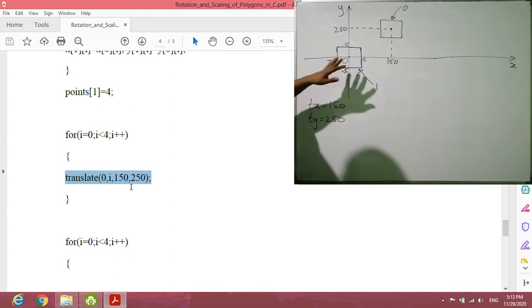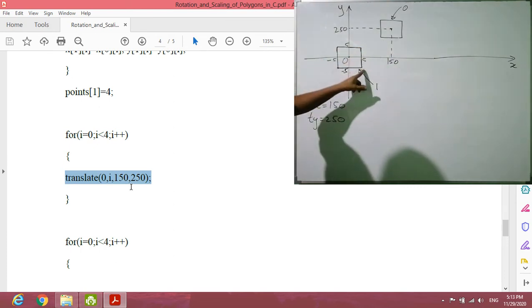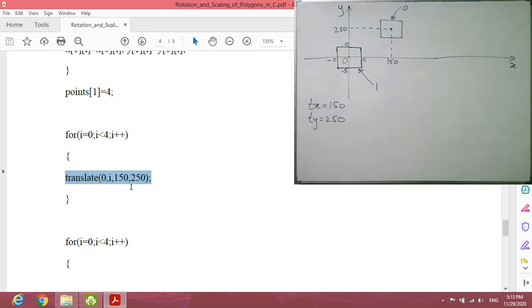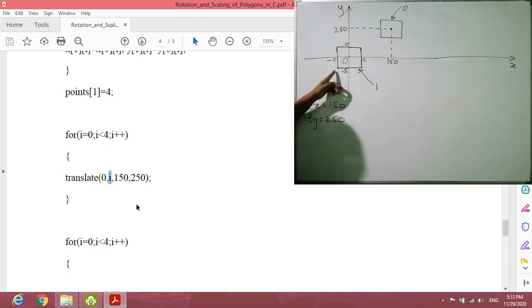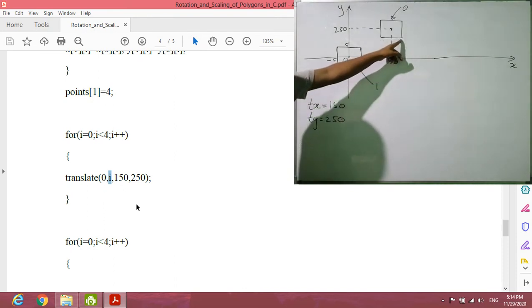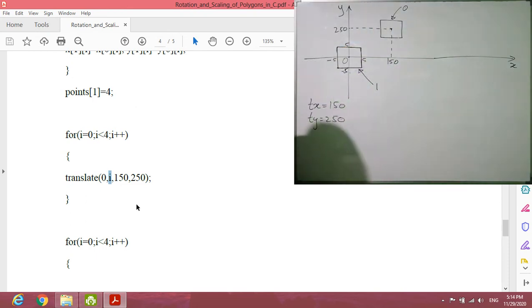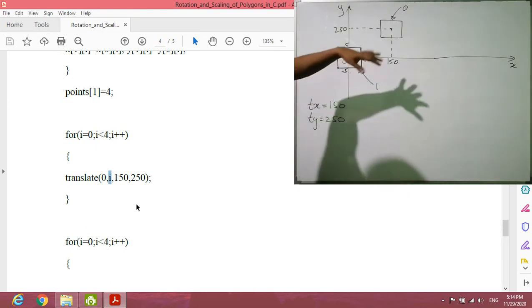Now here, that means if you translate each vertex, this will move to here, using a for loop we do that, okay. I begins from 0, this was the 0, to here, in one particular iteration. Then in the next iteration this to here, this to here, and this to here. Now it is here. So logically if you think thoroughly, then you can understand.